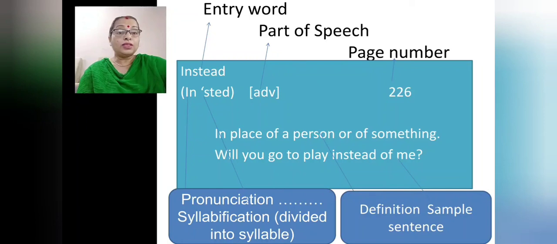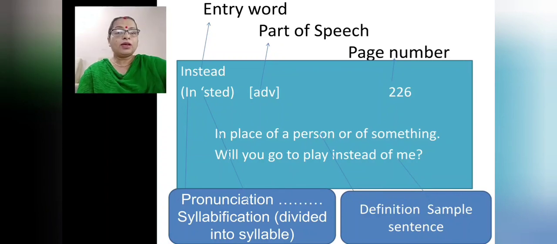Instead is a two-syllable word, right? So in and stead. You find here that stead is stressed. It is divided into two syllables, in-stead, and stress is given to stead.